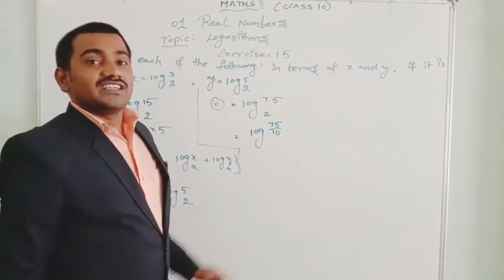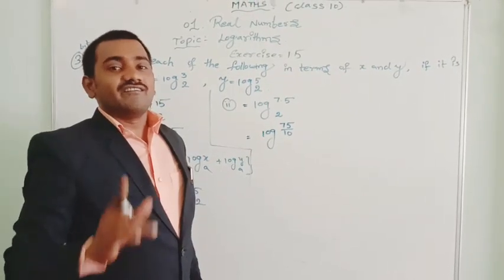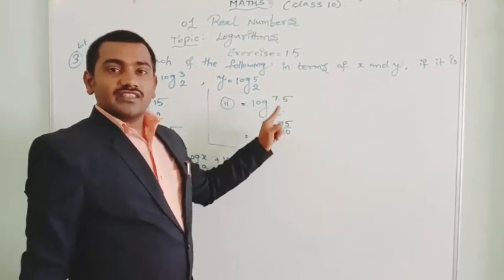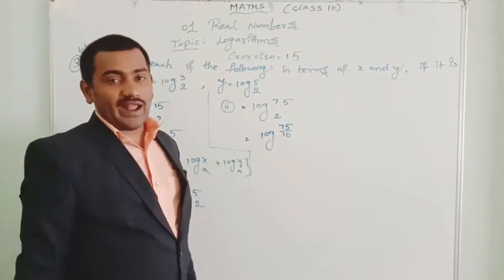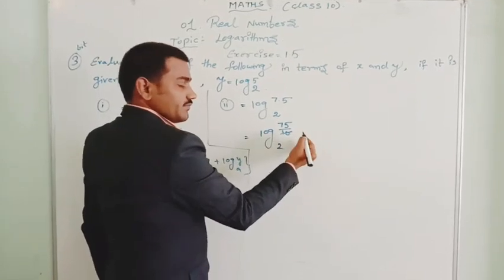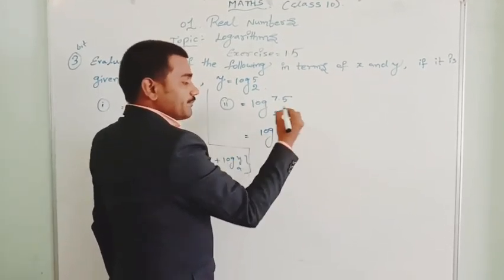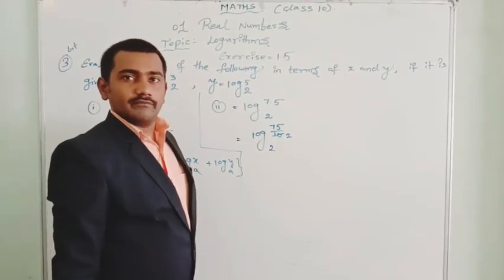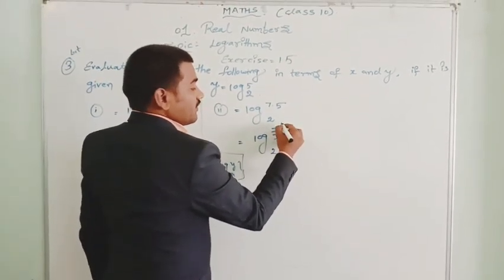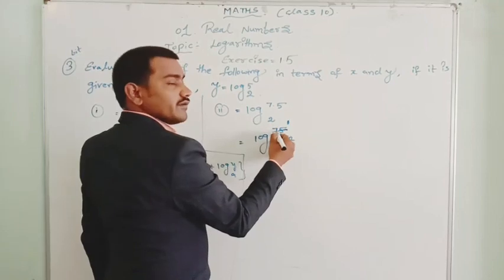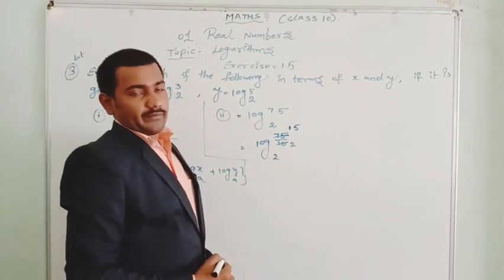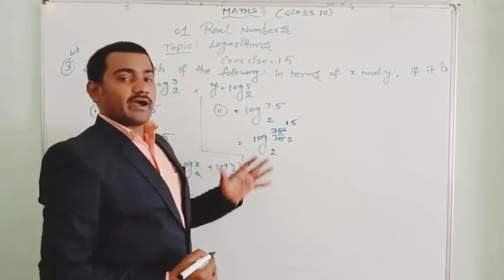How? 75 by 10 will give us 7.5. I have changed the decimal into the form of a fraction, with base 2. And we can cancel here. 5 1s are 5, 5 5s are 25. So 15 by 2 comes.